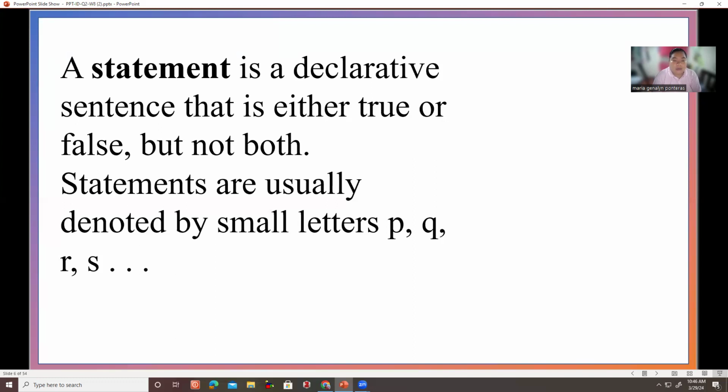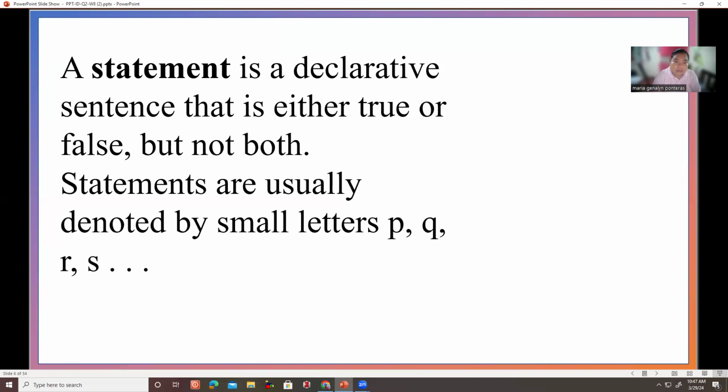And it is not either true or false. Wash the dishes, true, if you do it. Wash the dishes, false, if you don't do it. So it can be true or it can be false. If it can be both true and false, therefore it is not a statement.